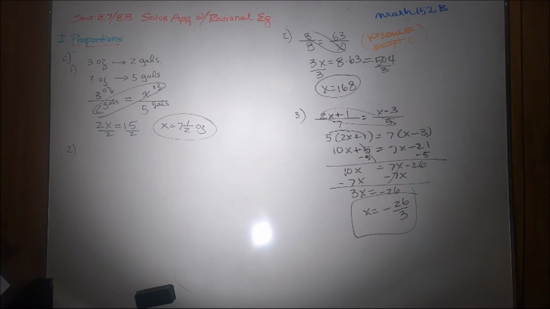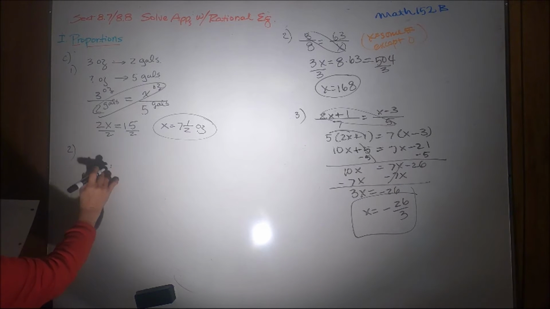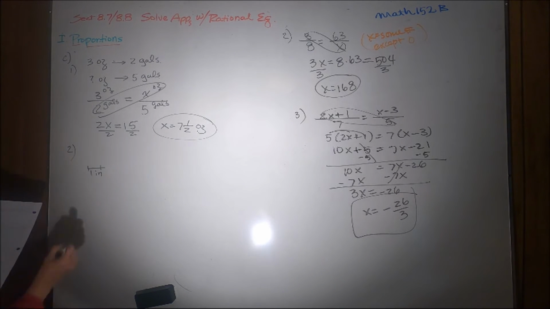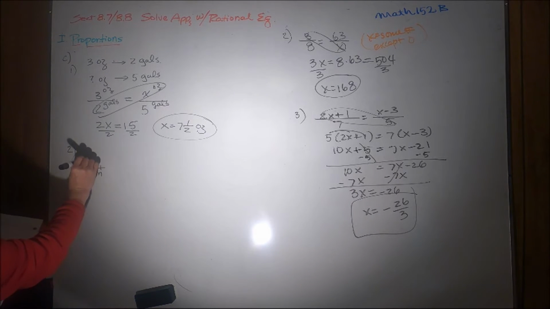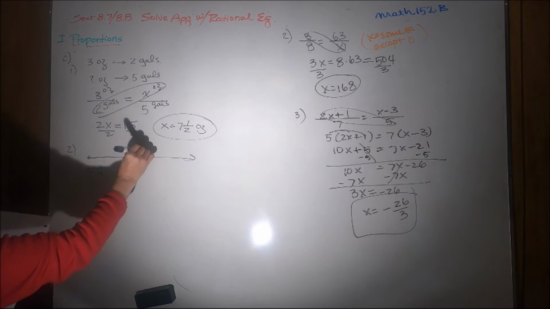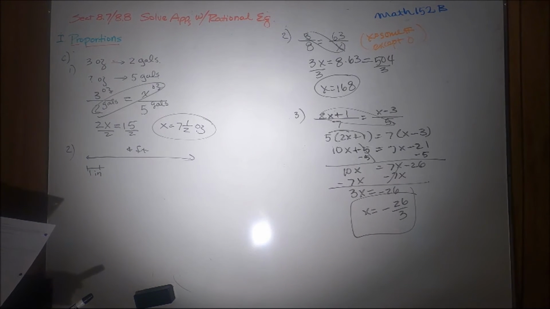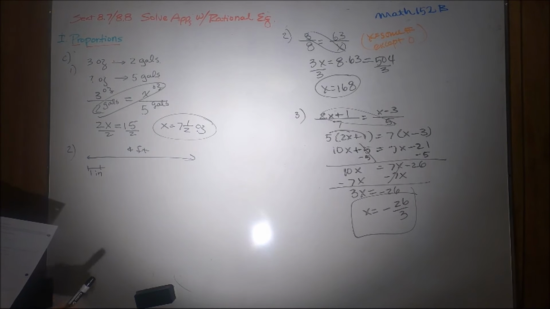On an architect's blueprint, he matches 1 inch on the paper, right? Corresponds to what? Corresponds to 4 feet of the real thing. So if the length of the wall represented by a line was what?